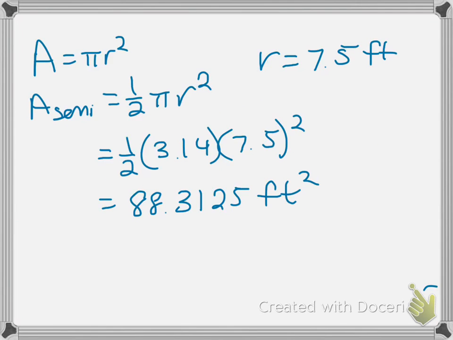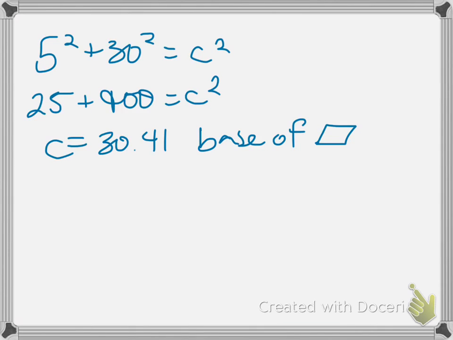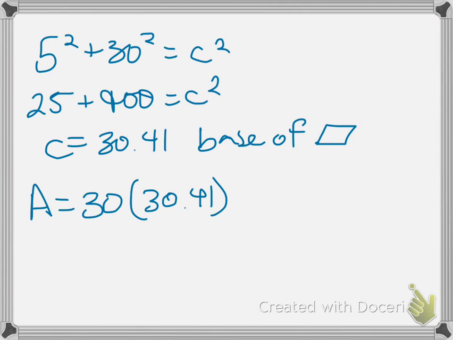So the area of our parallelogram is going to be 30 times 30.41, and so that's going to be 912.41. But that's not the area of the carpet. This is the area of the parallelogram.